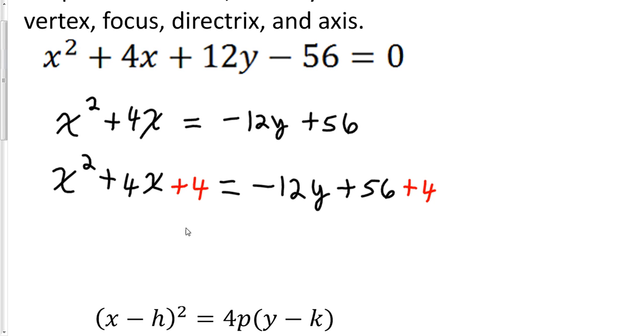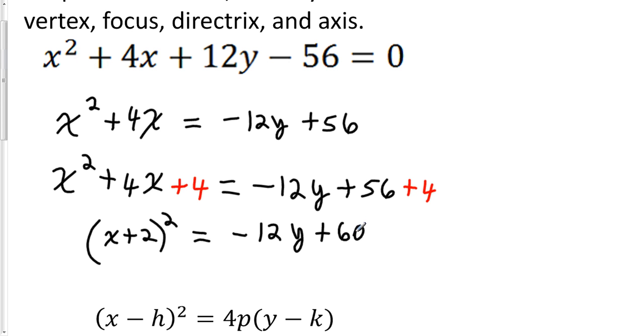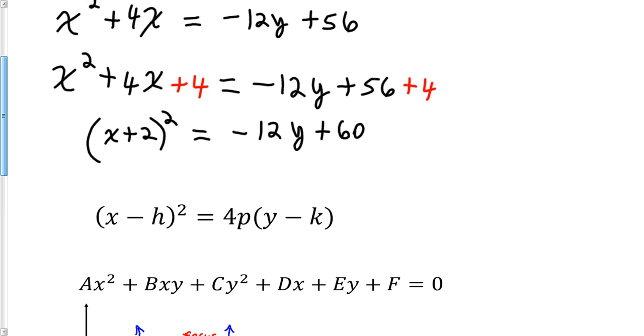So I'm going to factor the left-hand side the way I need it to be factored. The left-hand side, x squared plus 4x plus 4, factors into x plus 2 squared, while the right-hand side is negative 12y plus 60. All right, so what do I need here?